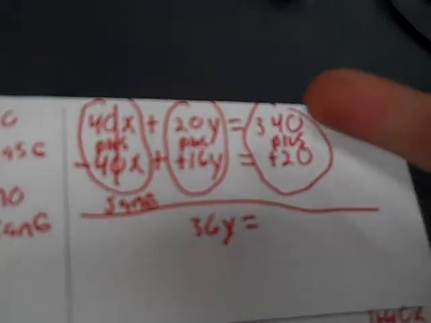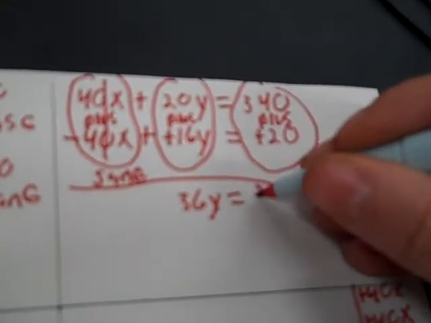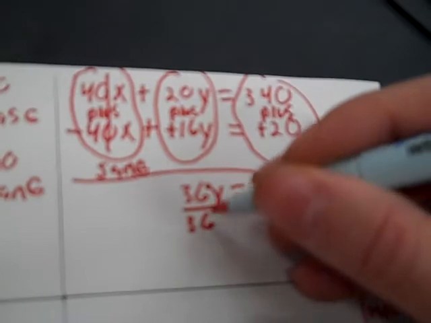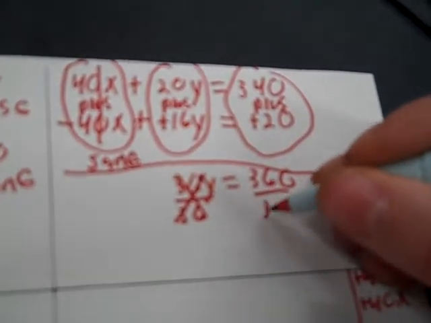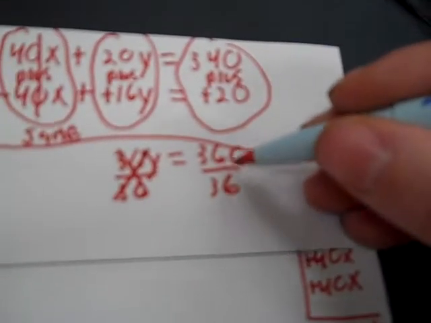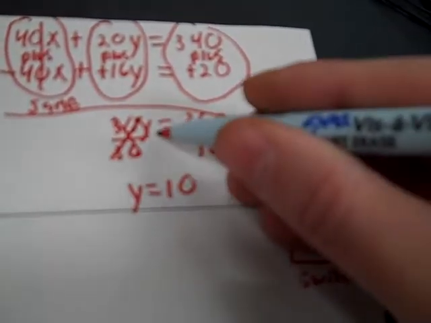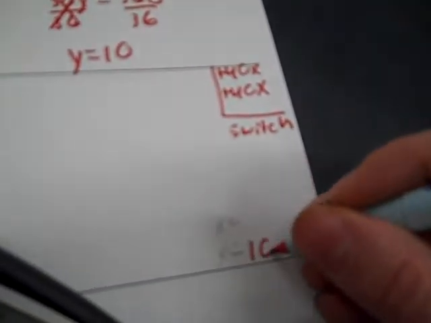Okay, and then I take 340 plus 20, so 340 plus 20 is 360. Okay, now I can dot my y, and all I have to do is divide, and I have my answer for y. So 360 divided by 36 is 10. Okay, so y equals 10. So that's what's y, so I want to put 10 for y.